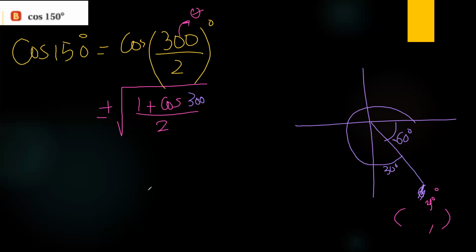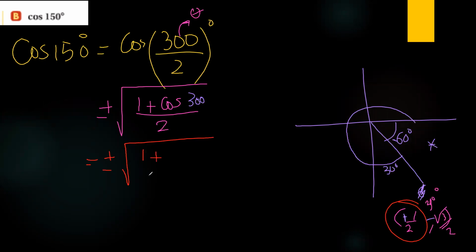Cosine of 60 is half, and its sine is square root of 3 over 2. Since I am in quadrant 4, the cosine is positive and the sine is negative. So the cosine of 300 is half. We use this value to solve cosine of 150: positive or negative square root of 1 plus cosine of 300, which is half, over 2.